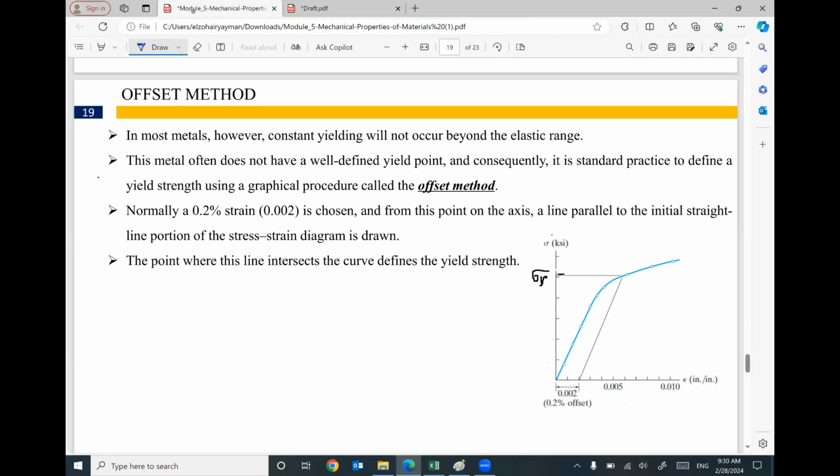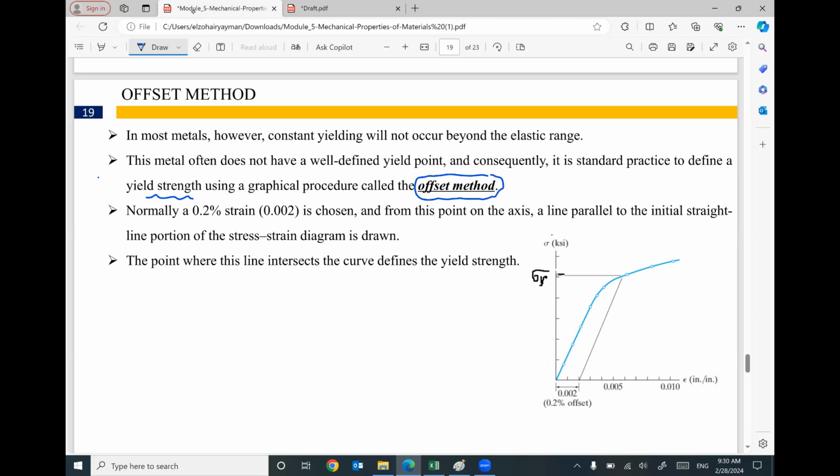So after the linear relationship, we don't have a clear plateau, clear constant yielding. So this metal often does not have a well-defined yield point, and consequently, it is standard practice to define yield strength using a graphical procedure called offset method.